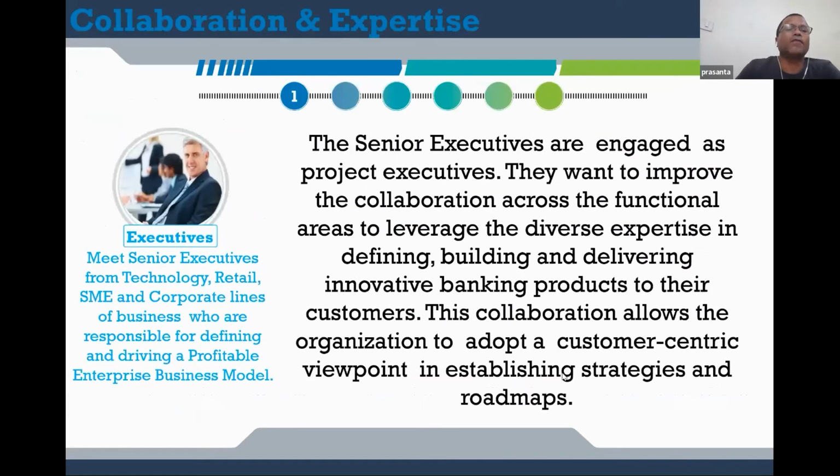Now, if we move to the different aspect of how to achieve those fundamentally defined pillars, the sponsoring executives normally define the Lego blocks or the KPIs in terms of six fundamentally identified objectives. The very first objective is collaboration and expertise.